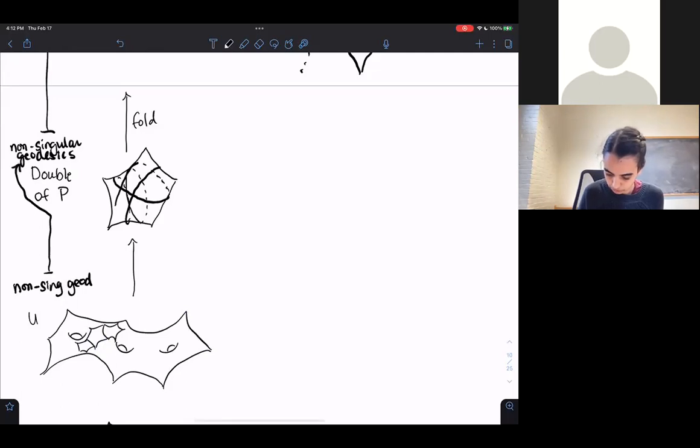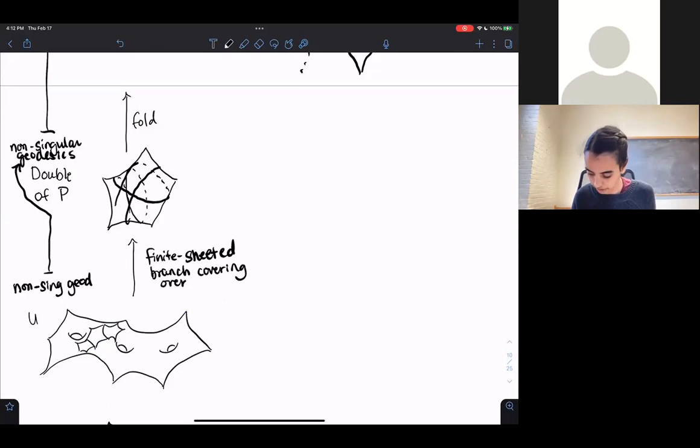Okay, so this is a finite sheeted branch covering over the vertices of our polygon. And we want it such that all the cone angles are greater than 2 pi.